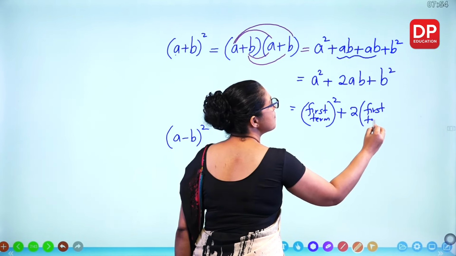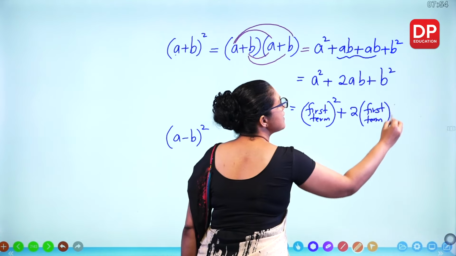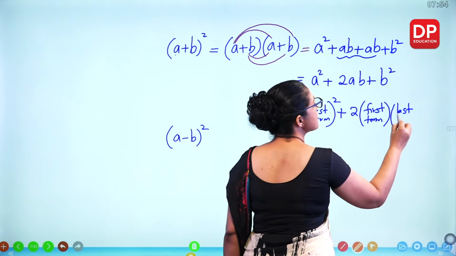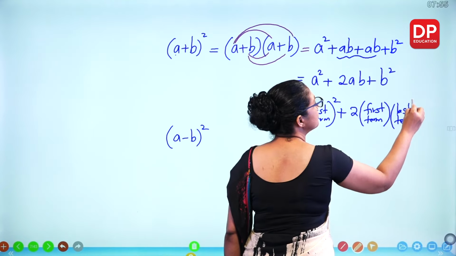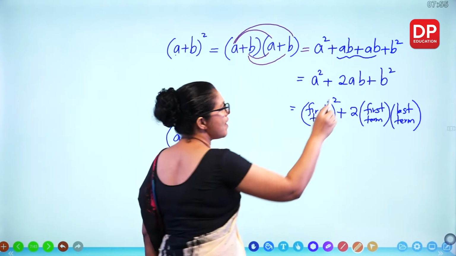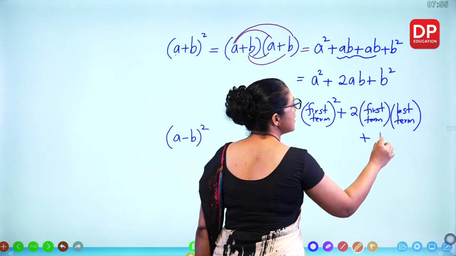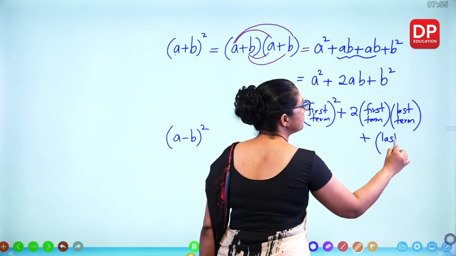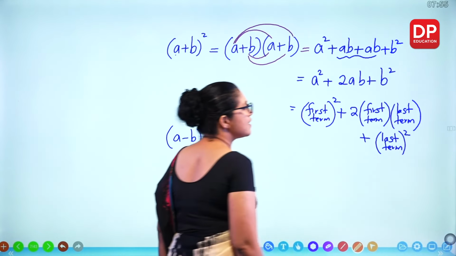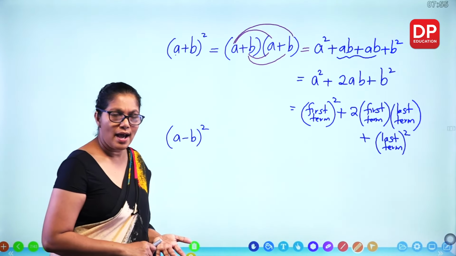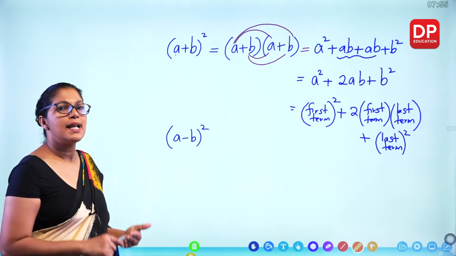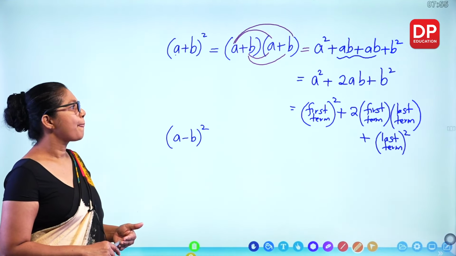First term is a and the last term is b, you get 2ab. Then what's the other one? Plus last term squared. So when you see the pattern, you can apply this straight away. First term squared, double of first term and last term, plus last term squared.